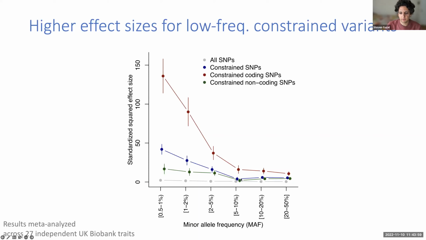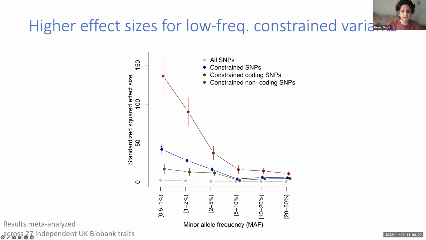These constrained variants have similar effect sizes from 5% to 50%, due to a flattening effect from negative selection. But after that we see an increase of effect for lower frequency variants. This suggests that maybe we can use constraint information to prioritize rare variants in whole genome sequencing studies, especially in non-coding regions.